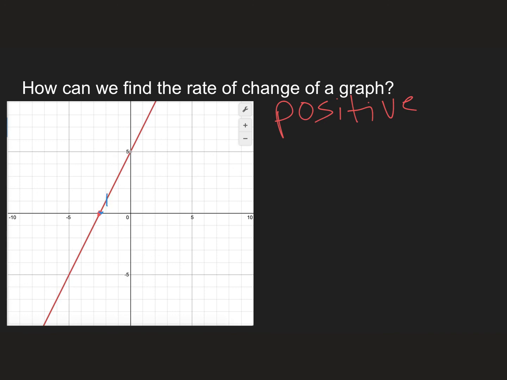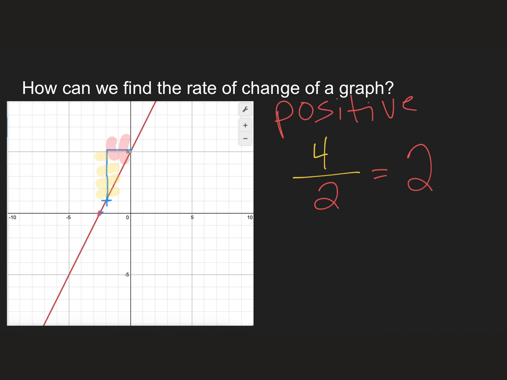So you notice where I can see this touch. So I'm going to go up from this point and then over. In this case, I think I went up 1, 2, 3, 4, and I went over 1, 2. So up 4, and over 2. 4 over 2 is just 2, and I know it's positive.